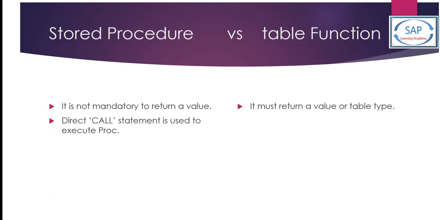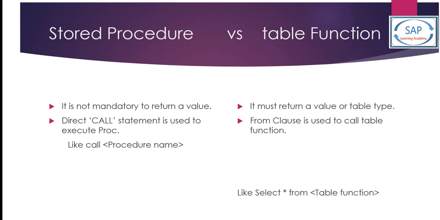And next, very important, is how to call a stored procedure or table function. For a stored procedure, you can simply write a direct call and then the name of the procedure. But in the case of a table function, you use the from clause. I will give you the example right here.